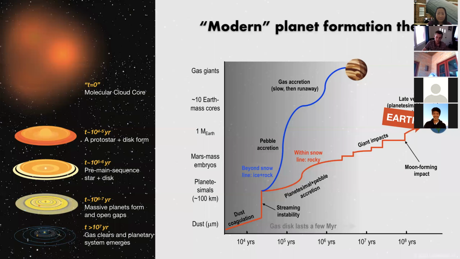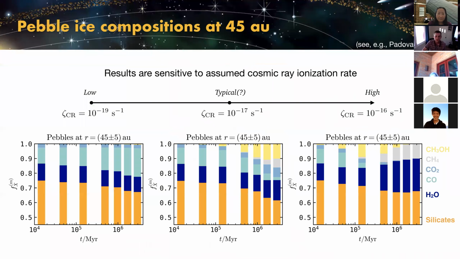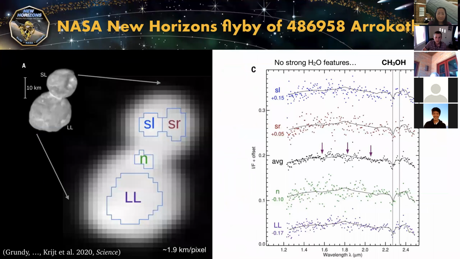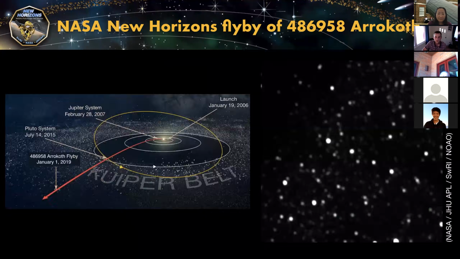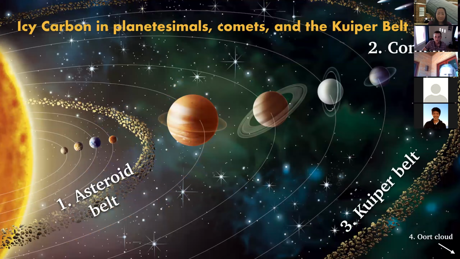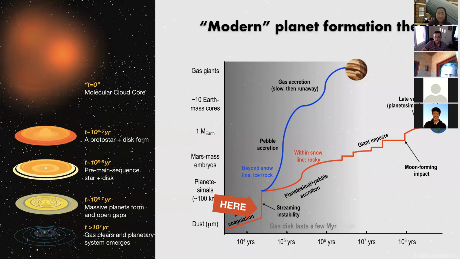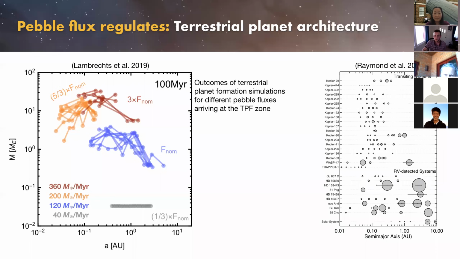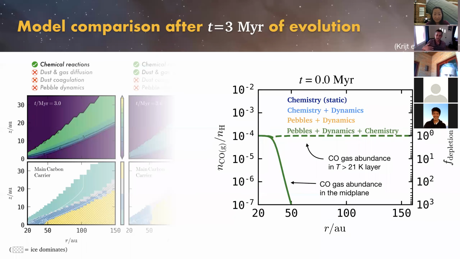That's a good question. It's sort of hidden in one of these plots. Here. The reason you can't see CO in colder parts of the disk is just because it freezes out, right?